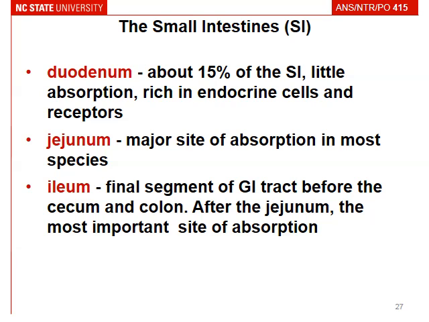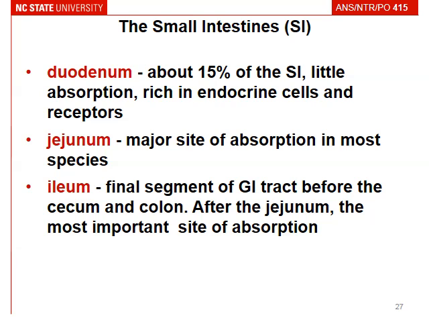Digestion is mainly occurring there. Absorption is mainly occurring in the jejunum. And the ileum is the final segment of the GI tract before we get to the cecum or the colon. After the jejunum, it's the most important site of absorption.